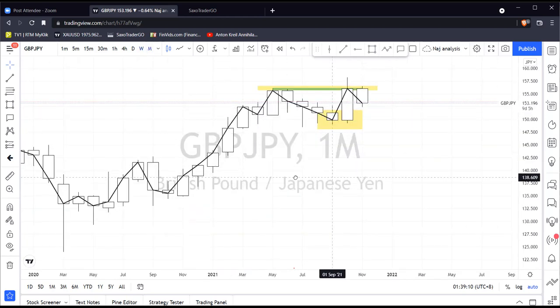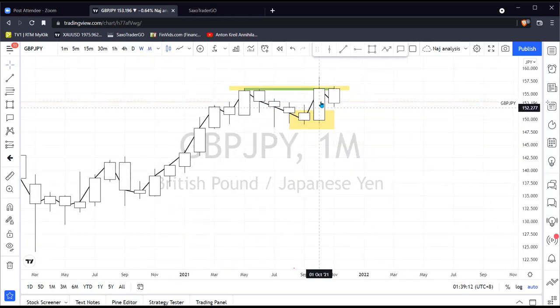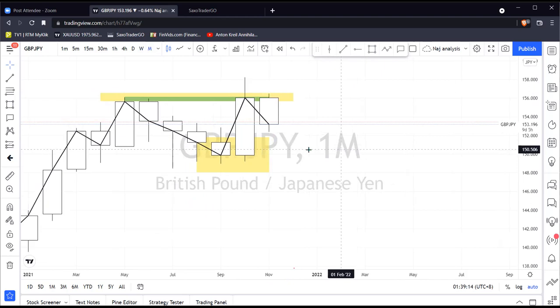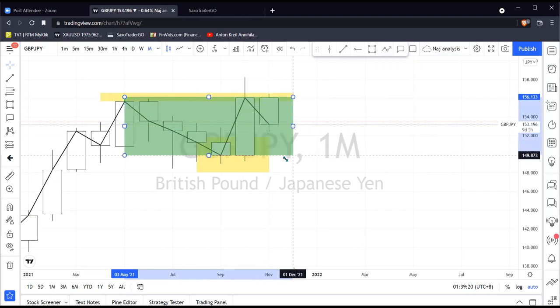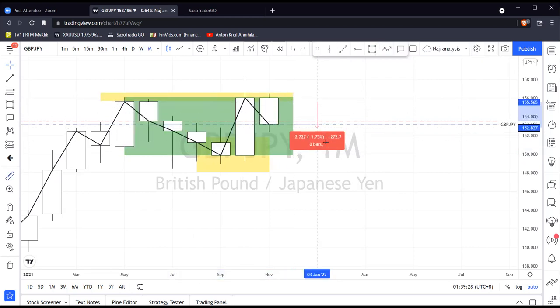Right now, remember how I marked just now, considering this is a really huge zone, let's see how big a monthly zone is. Let's just measure. 560 pips.